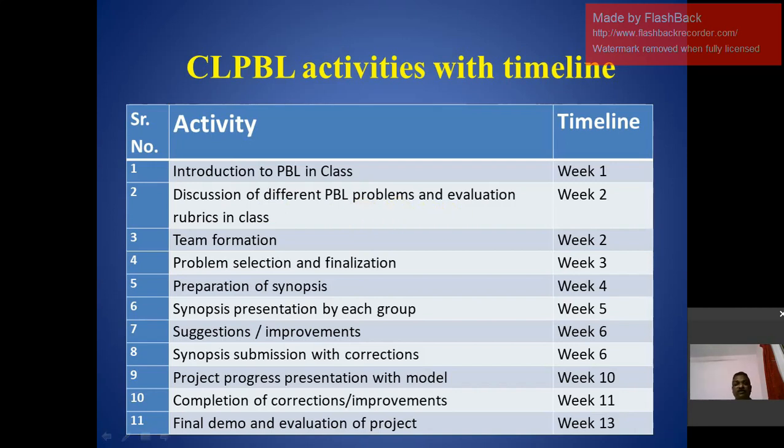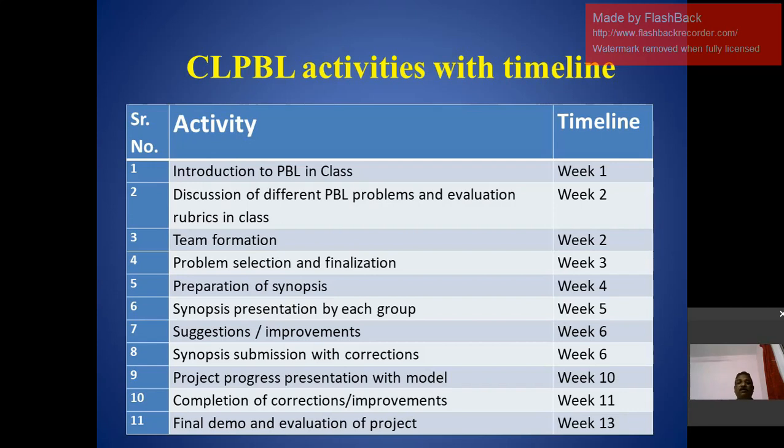So after giving the introduction, whatever problems you have finalized, you have to discuss those problems in class, and its evaluation strategy or evaluation rubrics. How you are going to evaluate each project, you have to discuss in front of students in detail. If there are doubts from the student end, you have to clarify each and every doubt.